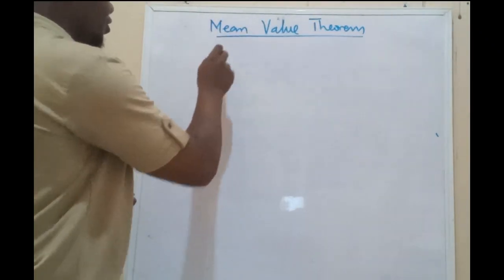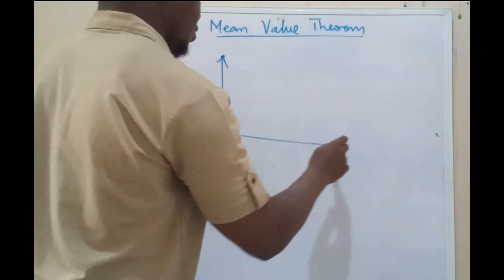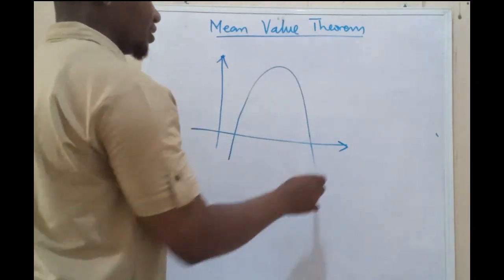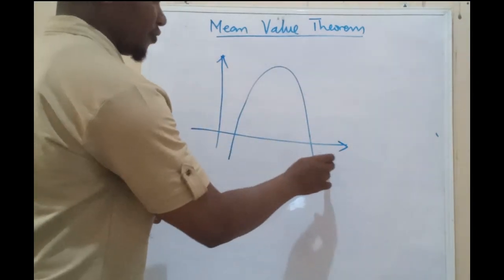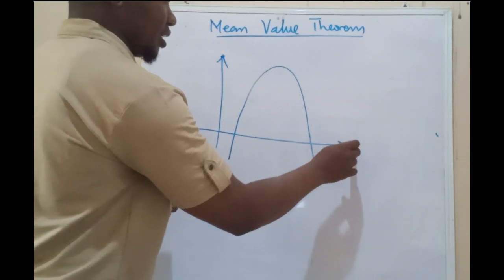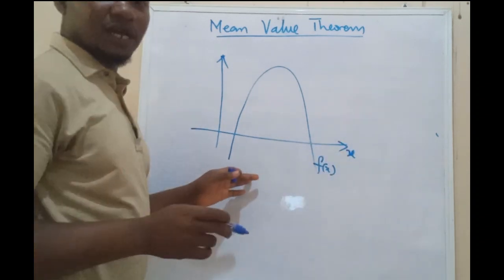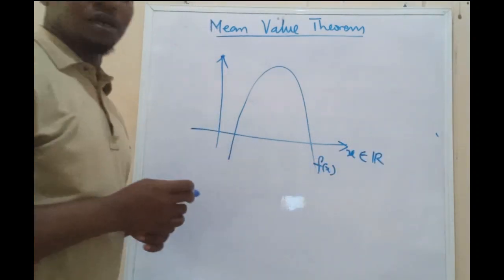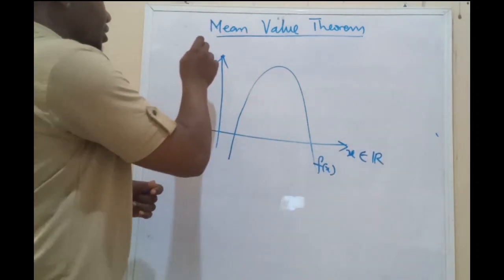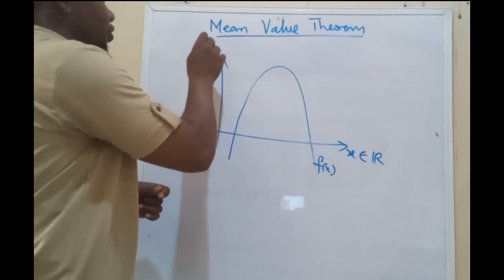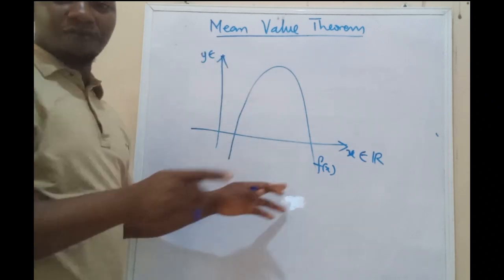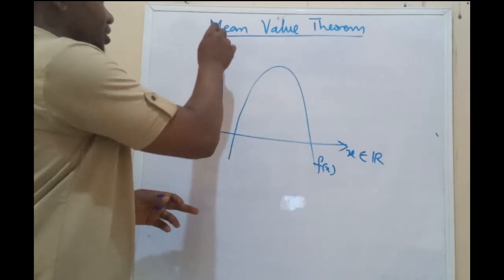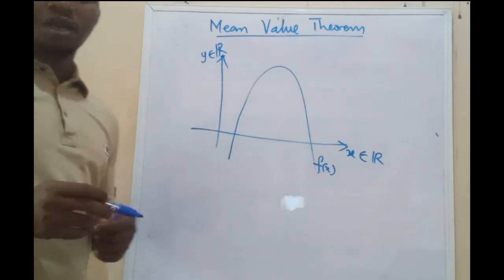So if you have a function whose behavior is like this, a function f of x, and this is the horizontal axis. Of course, any point here is a member of the real line, and also any point y here, which is equal to f of x, is also a number from the real line.